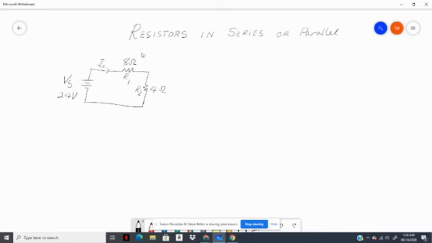Now, because it is a series circuit, the current I supply will be the same current through R1. We can call that IR1. And the current through R2 will be the same as the supply current. We can call that IR2. So in a series circuit, the current is the same. Now the question is, how do we determine the series current?